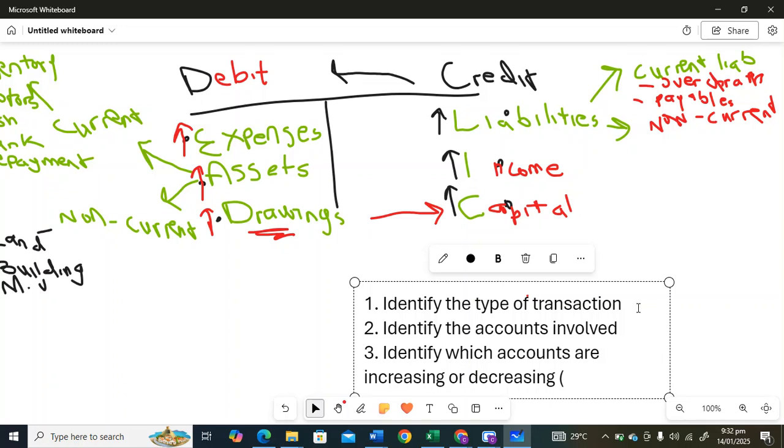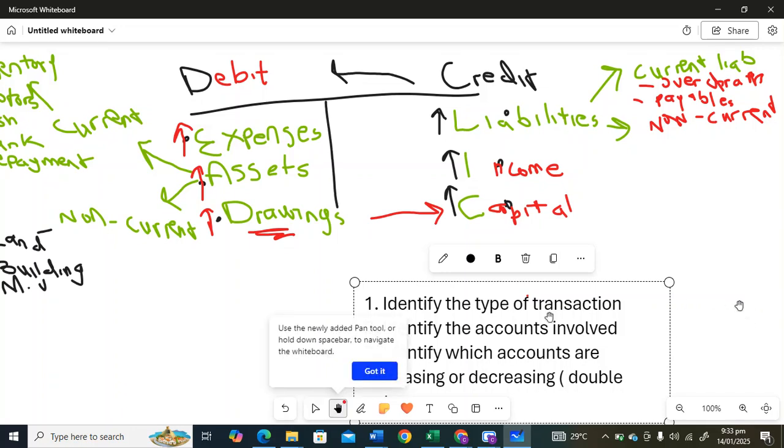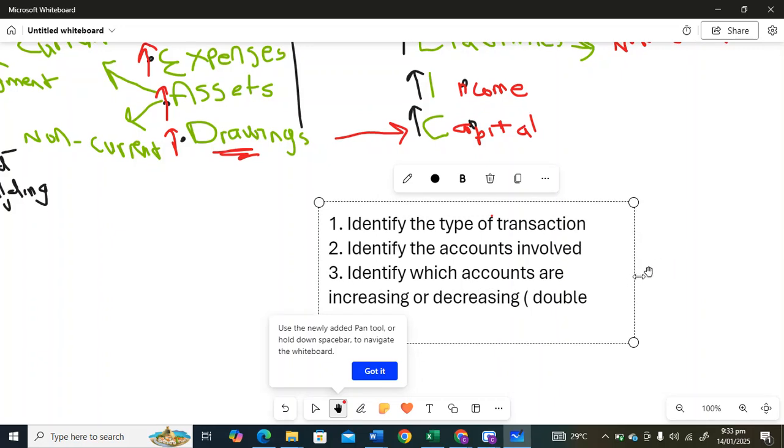Other books they'll tell you, debit the receiver, credit the giver. I do not like to use that one. I personally like to use increasing or decreasing because each time a transaction is made, the amount of money in that account is either increasing or it's decreasing. So I prefer to use increasing or decreasing. Right. So these three simple steps, we're going to apply them as we read each transaction.